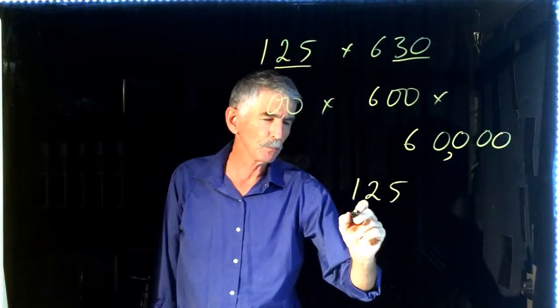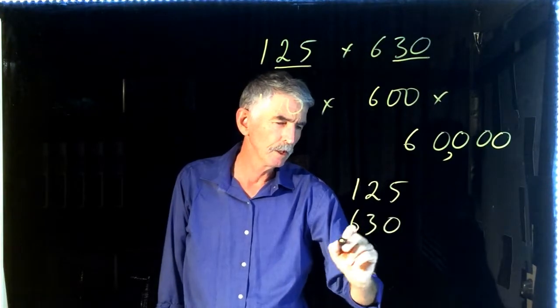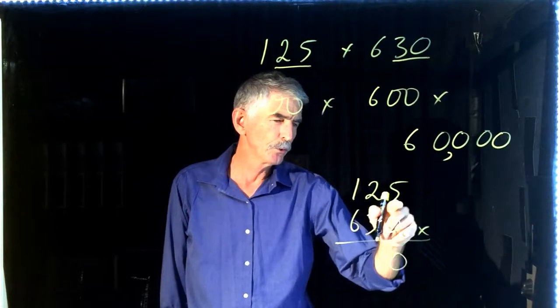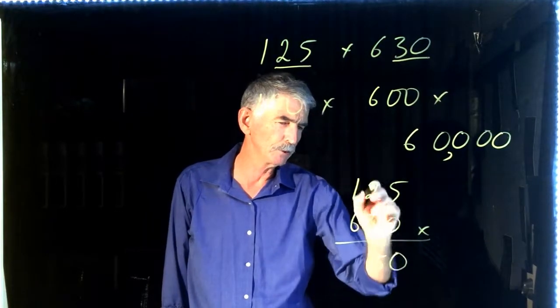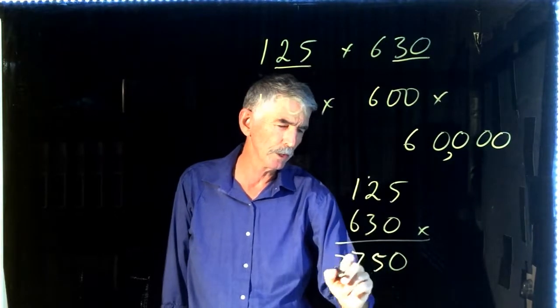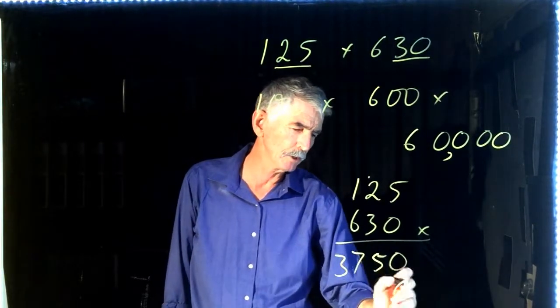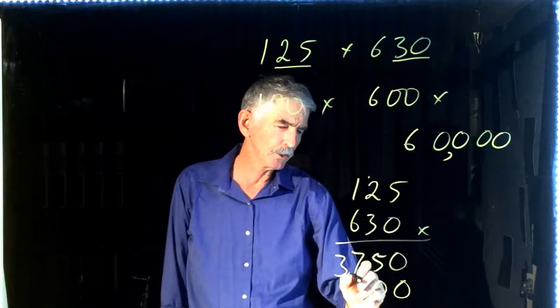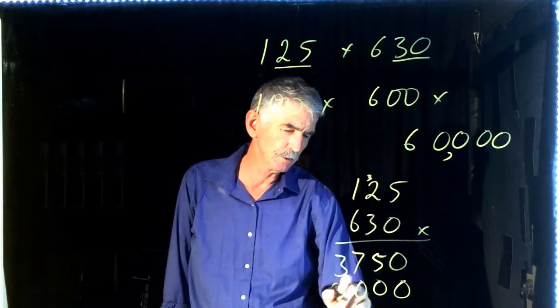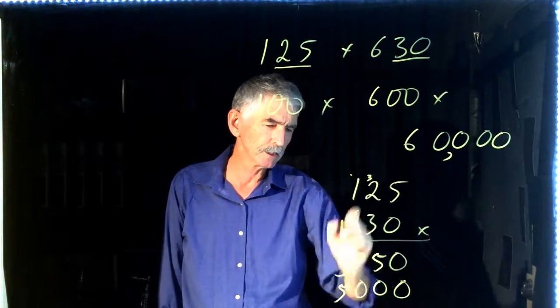So if we were to work out this calculation in real life, you'd have 125 multiplied by 630. We put down our 0 because we're multiplying by tens now. 3 5s are 15, put down the 5, trade up the 1, 3 2s are 6, and 1 is 7, 3 1s are 3. And then we're going to multiply by hundreds. 6 5s are 30, trade up the 3, 6 2s are 12, and 3 is 15, trade up the 1, 6 1s are 6, and 1 is 7.